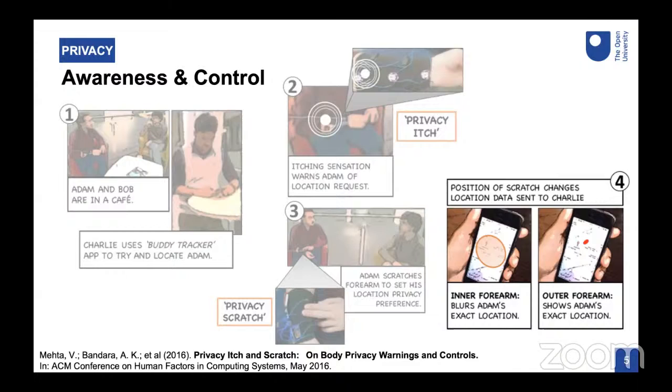So here's an example of giving users greater awareness and control in their day-to-day lives, unobtrusively, intuitively, and in an ad hoc manner, so that they can really be in charge of their privacy in a world where they're carrying technologies that allow their privacy to be invaded if they didn't have this type of awareness and control.